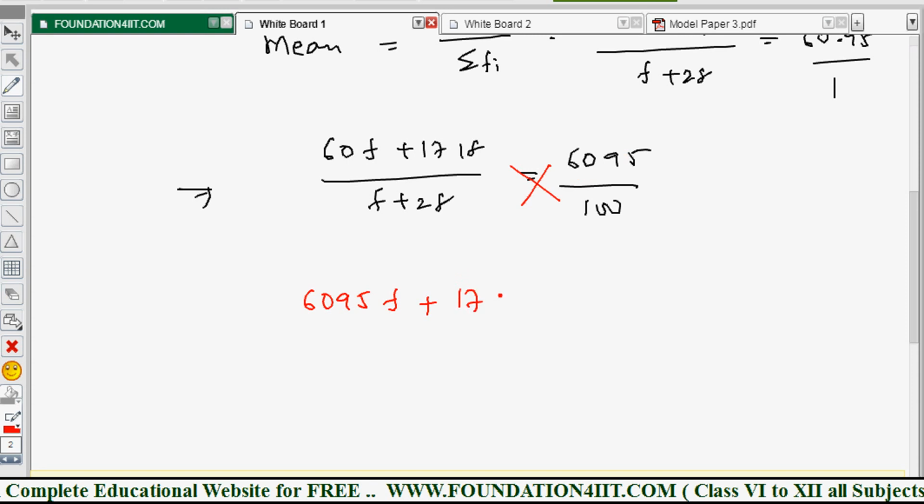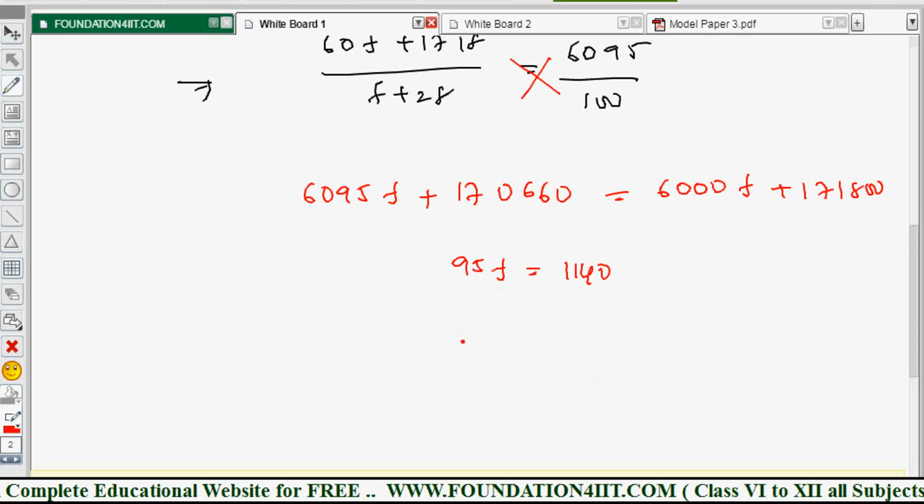So that is 170660, and multiply this side: 6000f, because 100 into 60f, and this multiply, that is 171800. Take f terms to one side: 6095 minus 6000 is 95f, and 171800 minus 170660 is 1140.